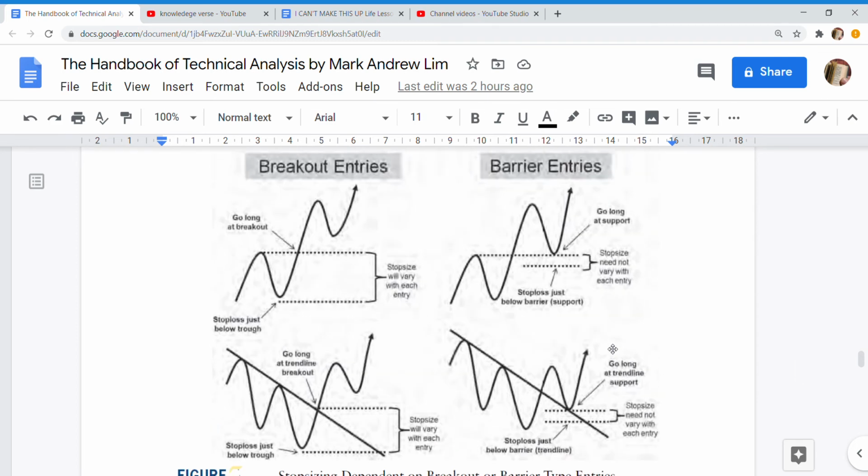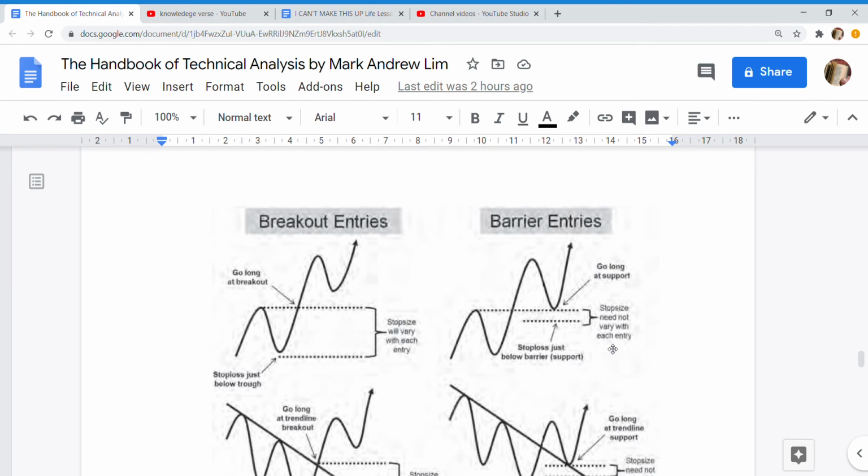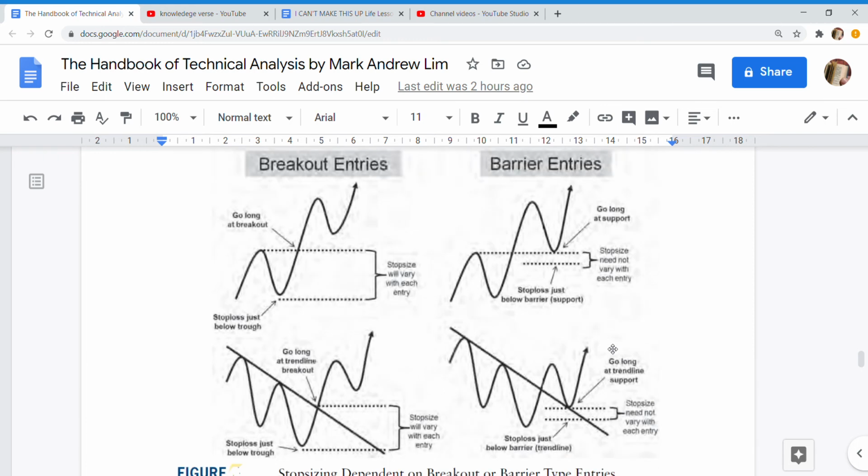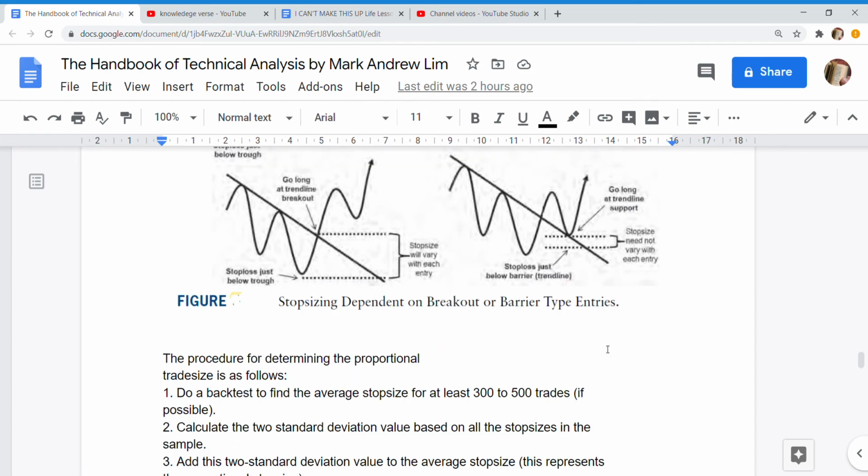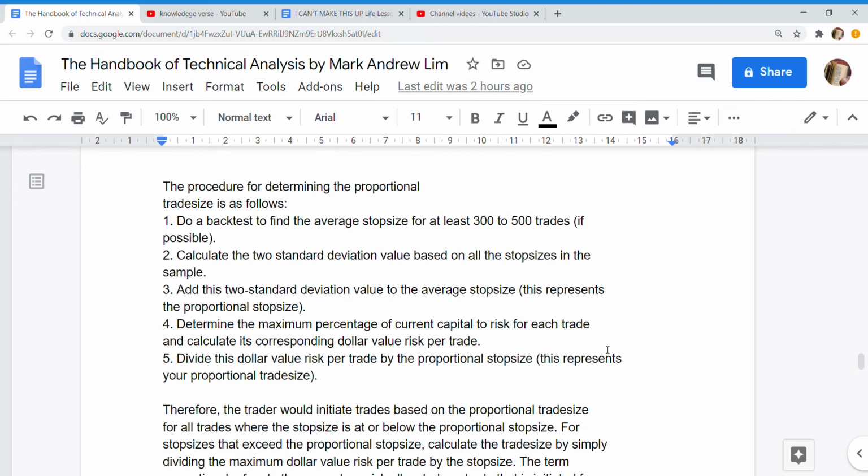1. Do a backtest to find the average stop size for at least 300 to 500 trades if possible. 2.